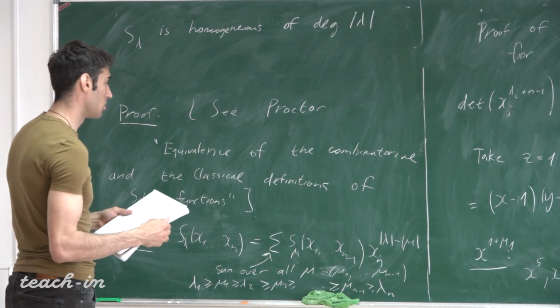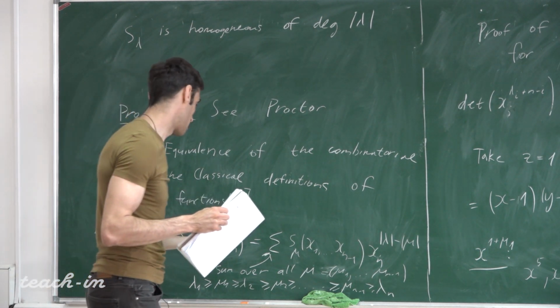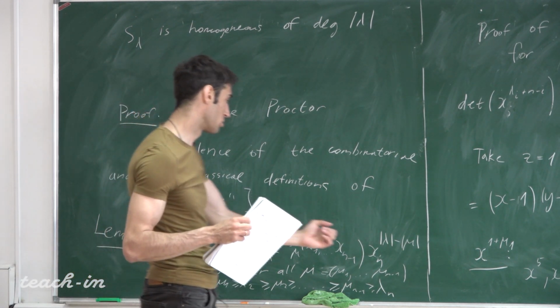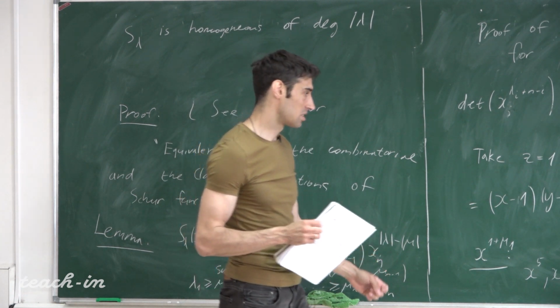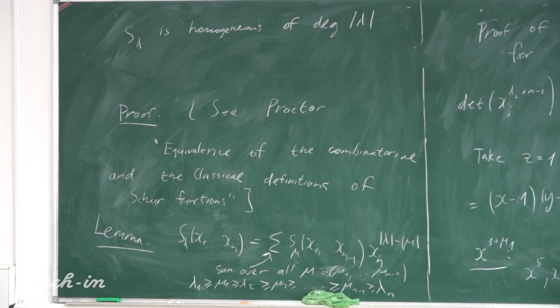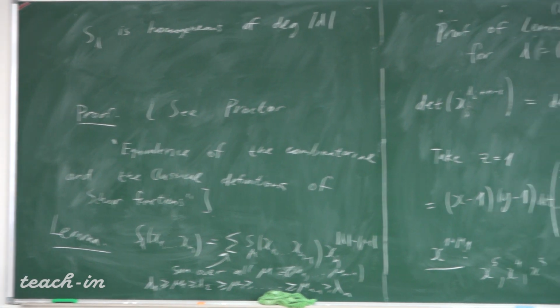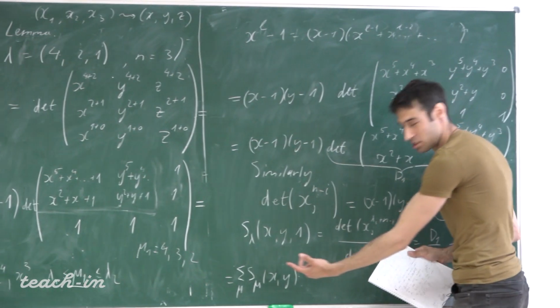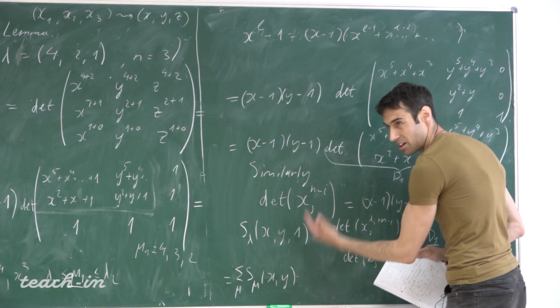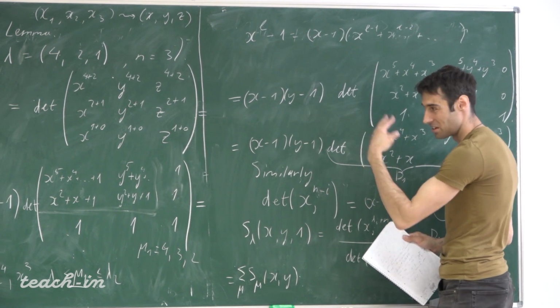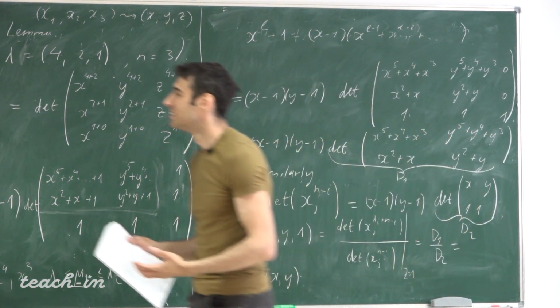So therefore, we know how much we should add. This has total degree mu, right? We should add some degree of z. Which degree? Just to make it total lambda. So it's lambda minus mu. Right?